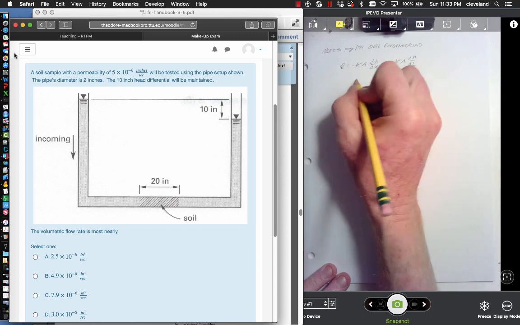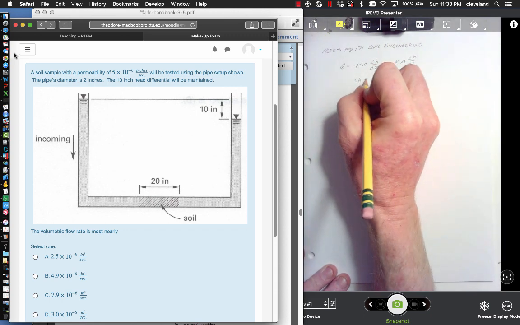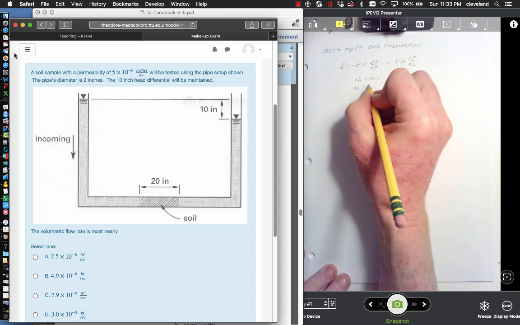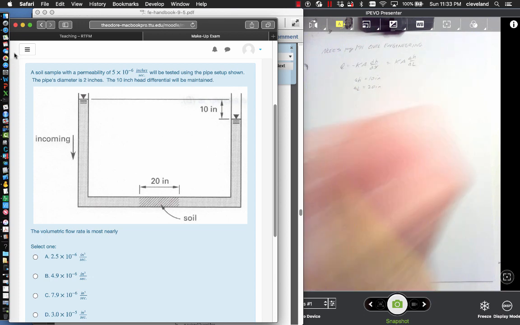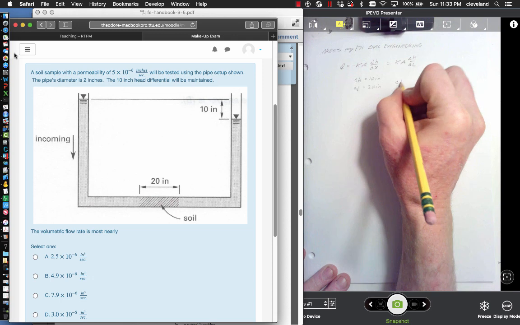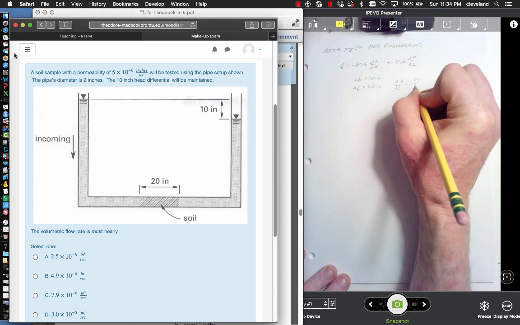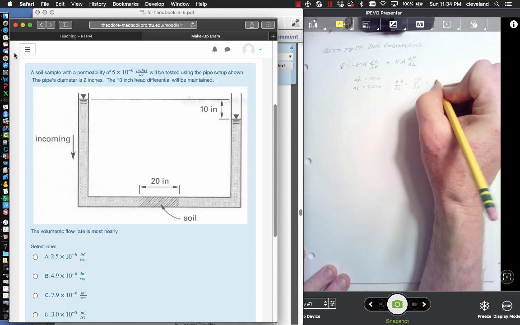Okay, so our change in head is 10 inches. Our flow path length is 20 inches. So delta H over delta L equals 10 over 20, which equals 0.5.